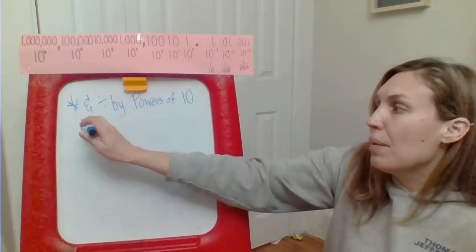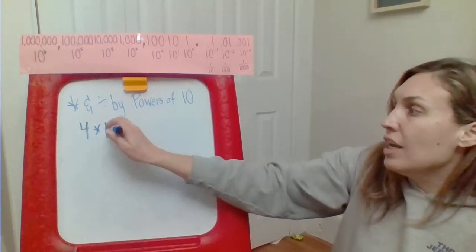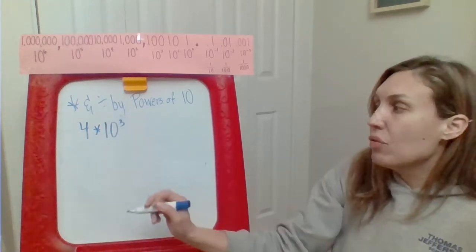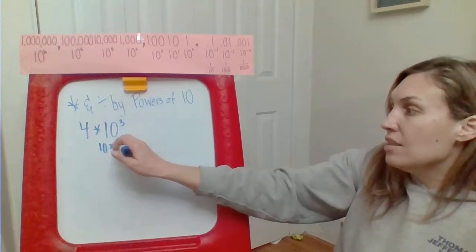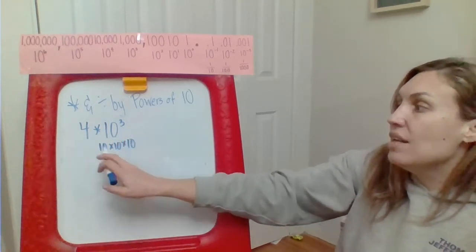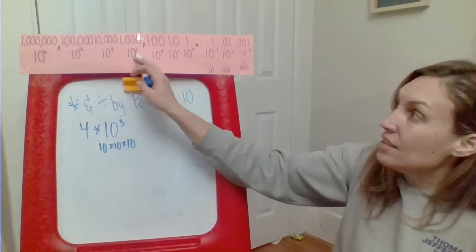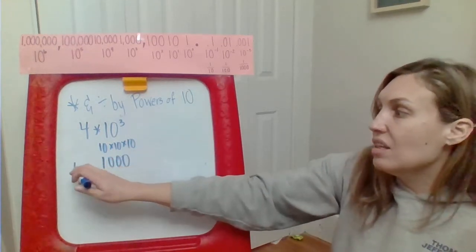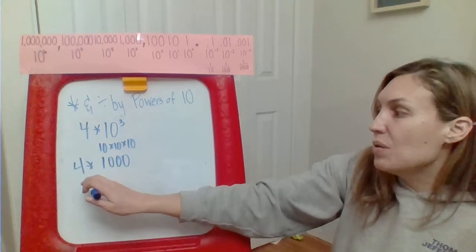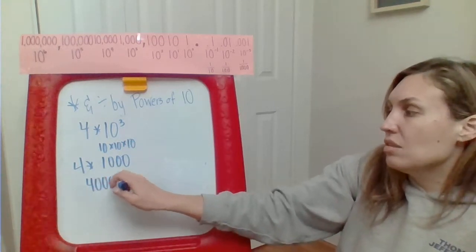Let's just start with a whole number. So if we have 4 times 10 to the power of 3, what is that? That's 4 times 10 times 10 times 10. 10 to the power of 3. 1,000. 4 times 1,000 is 4,000.